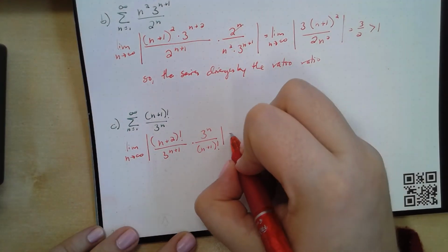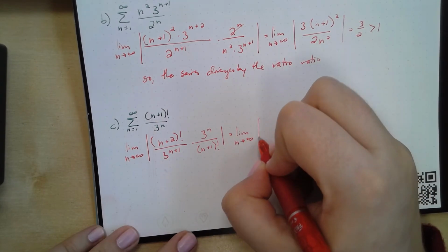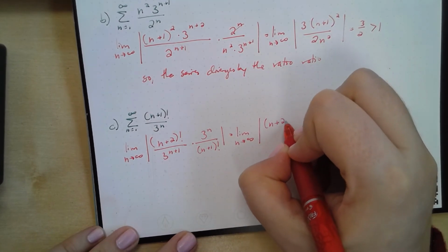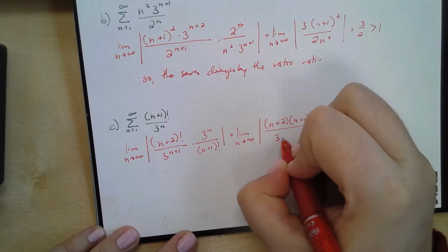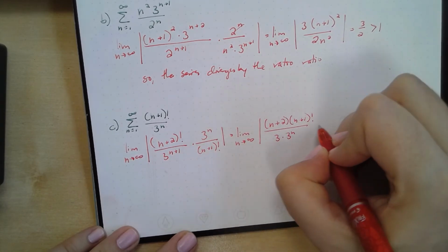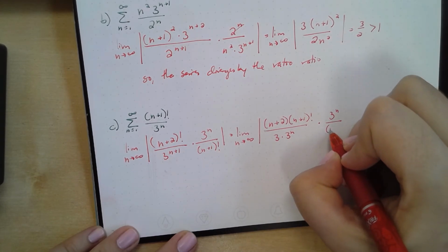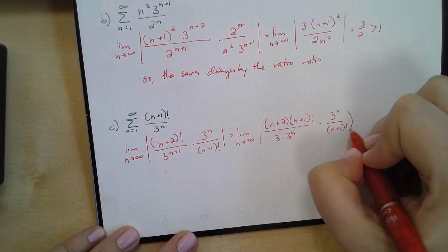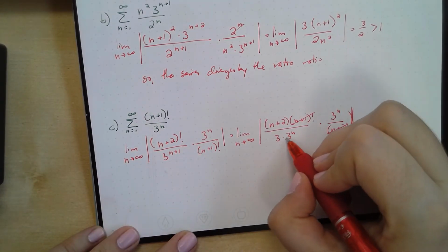So I can rewrite that as the limit as n goes to infinity of n plus 2 times n plus 1 factorial over 3 times 3 to the n times 3 to the n over n plus 1 factorial. Oops, why did I do that? Should be an absolute value there. These are going to cancel out. These are going to cancel out.